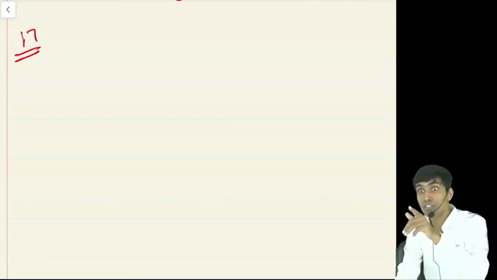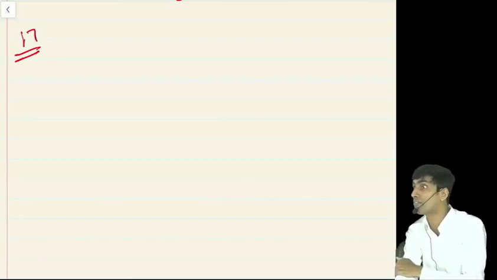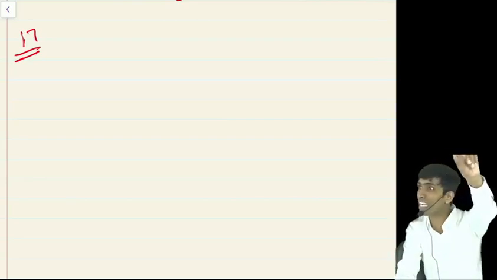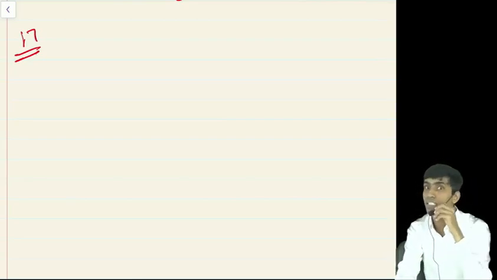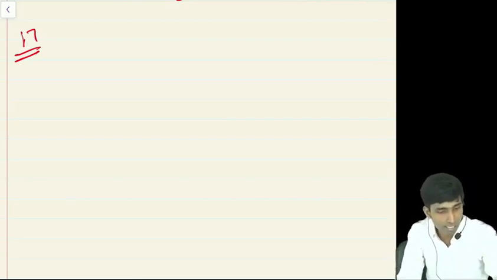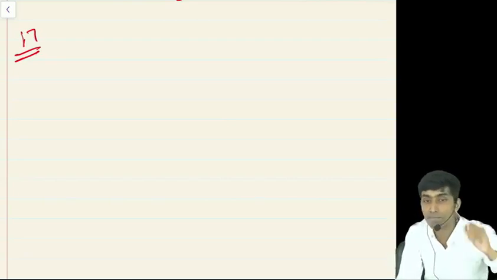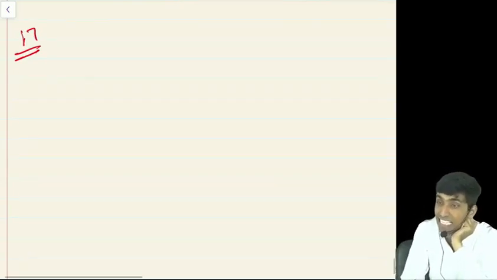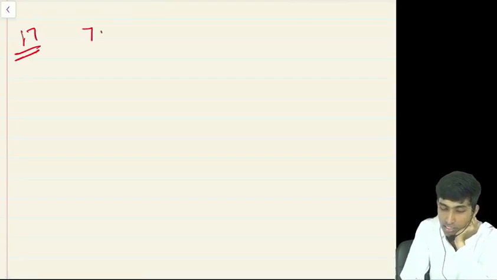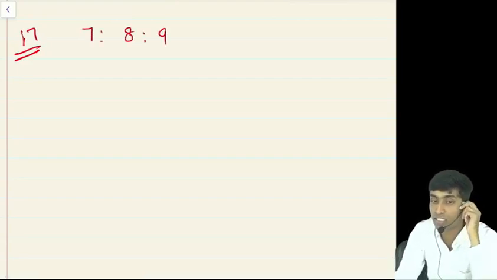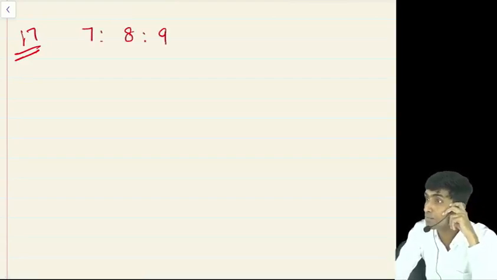Understood? First you should check whether the total is 150. Whichever satisfies, if only one answer satisfies, that is the answer. Yes or no? But here, one minute. What they are saying, 10 years ago, the ratio is what? 7 is to 8 is to 9.